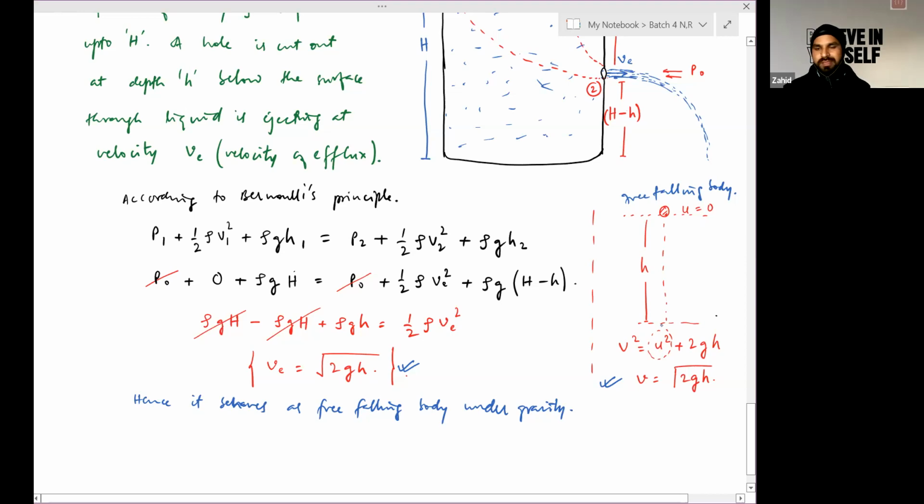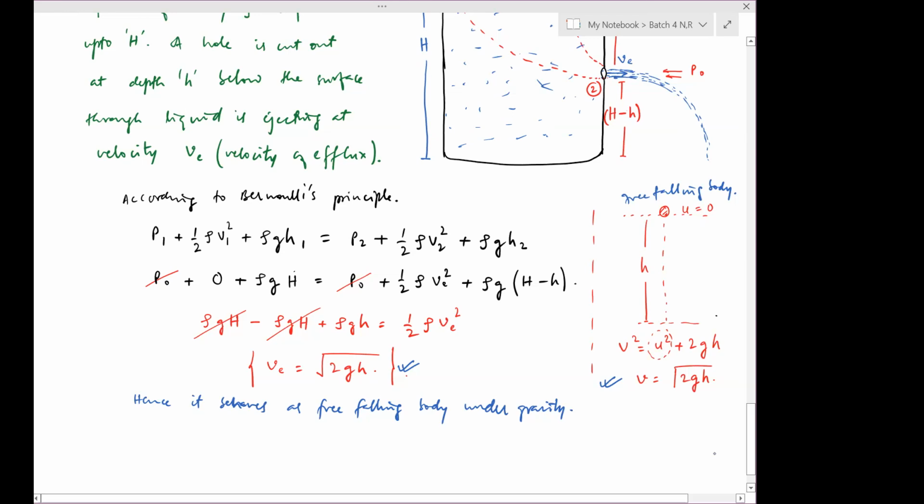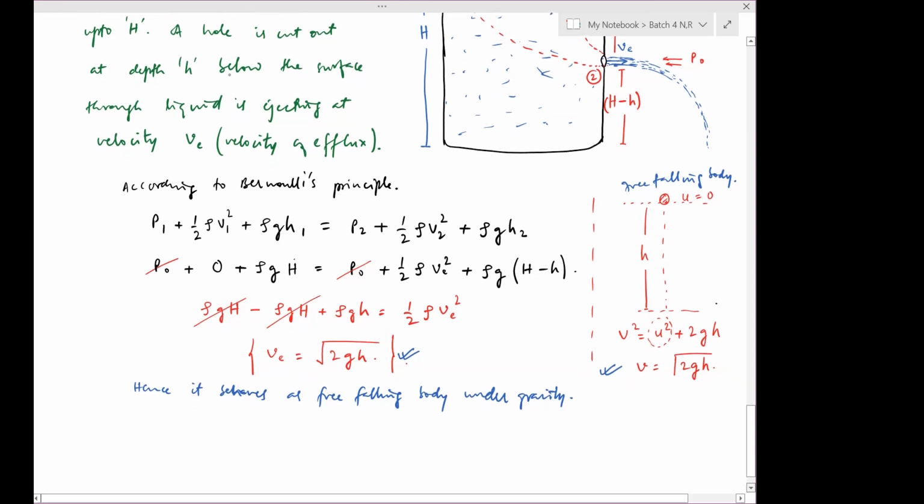So these two acquire the same amount of velocity. Now, if this entire system falls freely under the effect of gravity, in that case, the net acceleration of this entire system will be 0. So there will be no ejection of liquid.